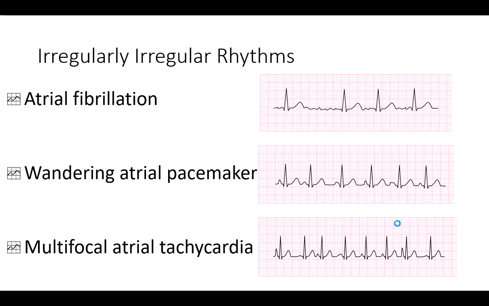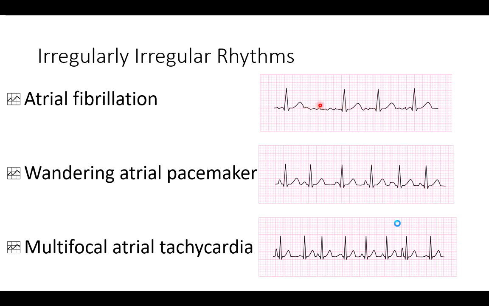Here are some examples of irregular rhythms. They're irregular, maybe occurring at random intervals. This one is atrial fibrillation. We have a bunch of P waves being generated. Now, these are all three different, so don't look up like we normally have, but these are one rhythm strip.